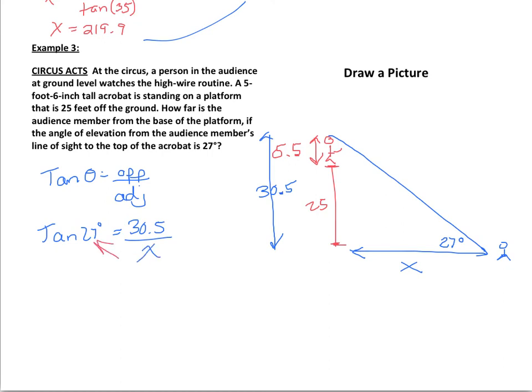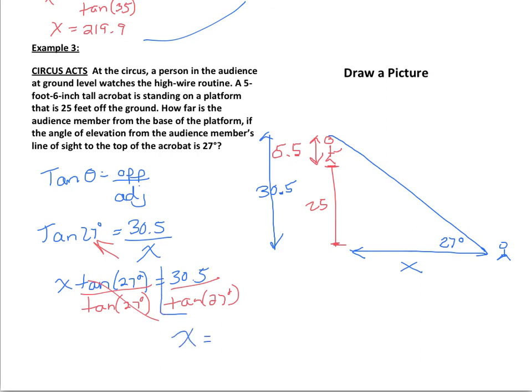Cross multiply, x times tangent of 27 degrees equals 30.5, and we're going to divide both sides by tangent of 27. It's just a number. And finally, we have x equals this, and we can figure out what that is.